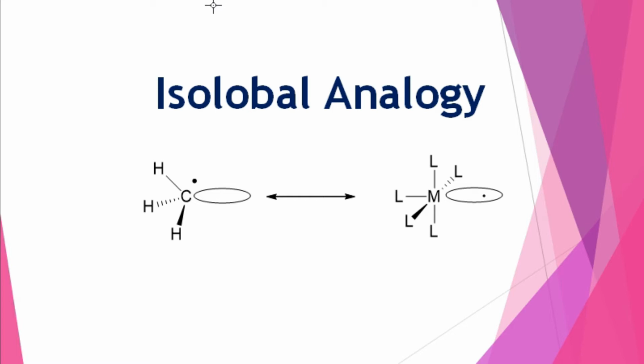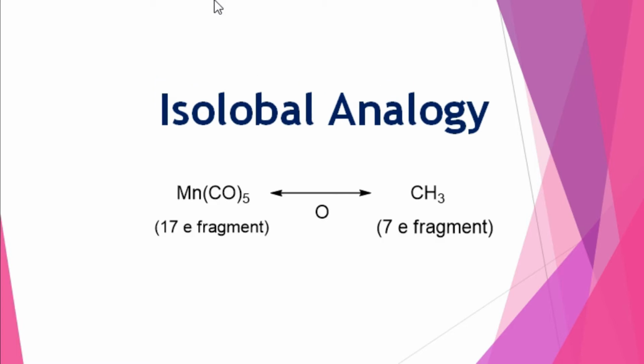So let's take an example. Here is a fragment which is Mn(CO)5 and another fragment which is CH3. So how are they connected by isolobal analogy? If you calculate the valence electron count for Mn(CO)5, you know that there are 7 valence electrons in the valence shell of manganese and 2 from each carbonyl ligand, so with 5 ligands that is 10.